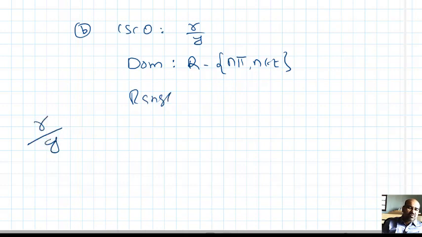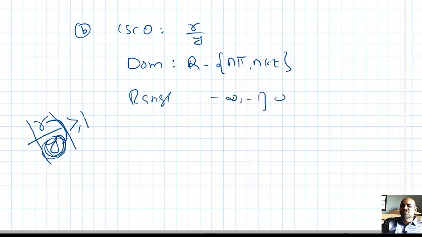Observe here, the denominator equals the numerator, or the denominator is always less than the numerator, because the y value may be equal to r but is always less than r. Sometimes y may be positive or negative. That is why I can say that the modulus of this is greater than or equal to 1. By the same argument, the range is minus infinity to minus 1 union 1 to infinity.